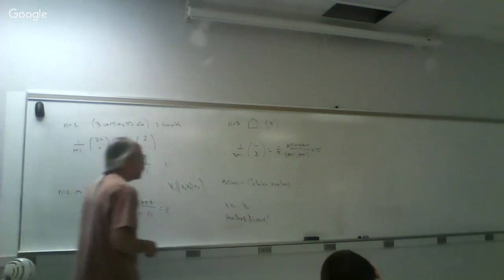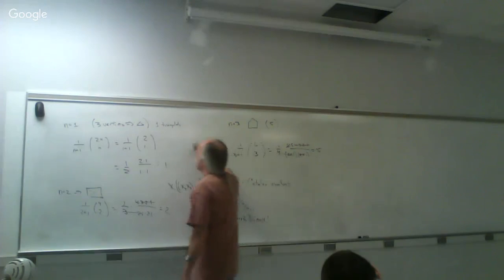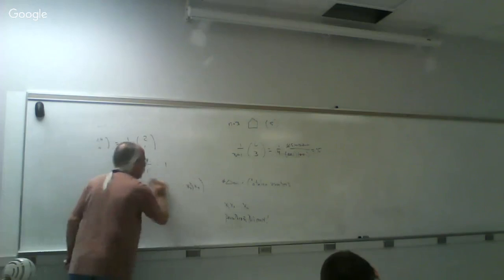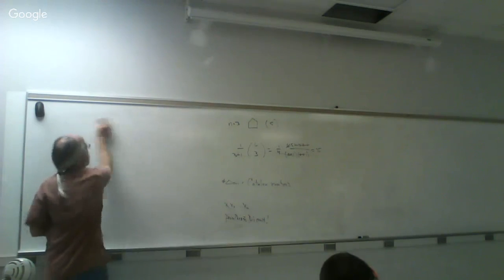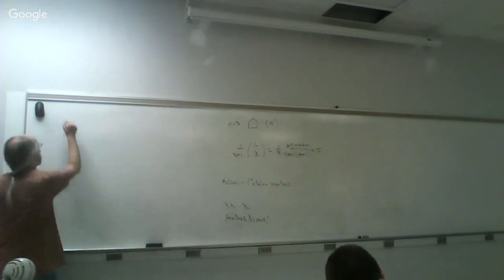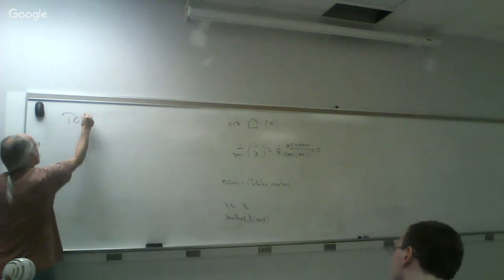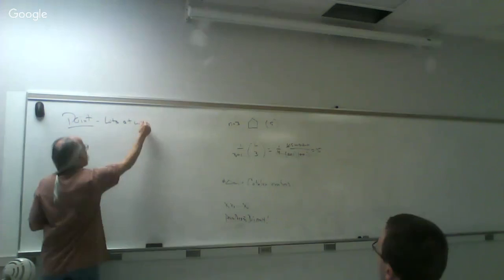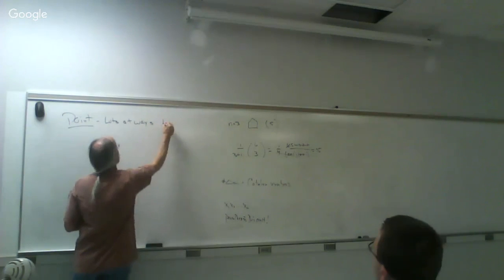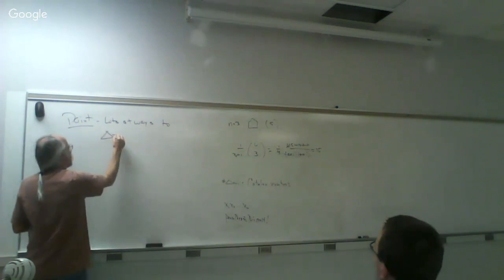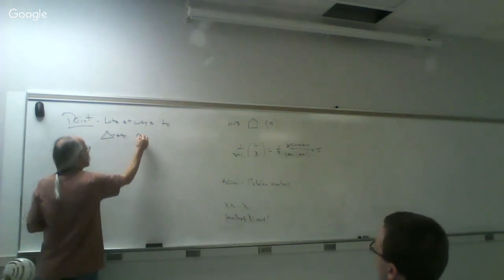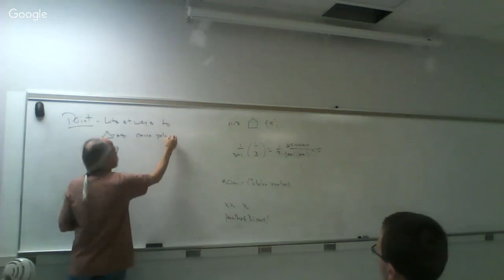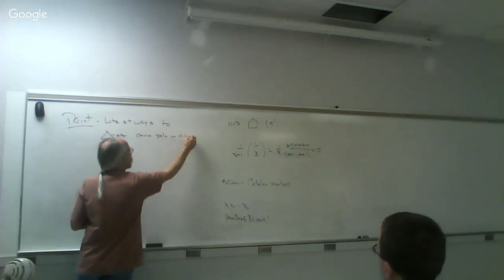I guess the big point here is there's lots of ways to triangulate a convex polygon on n vertices.